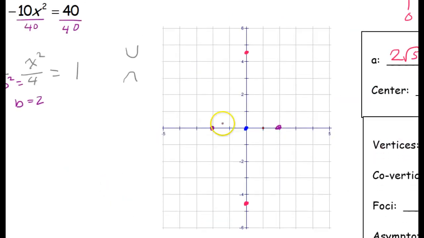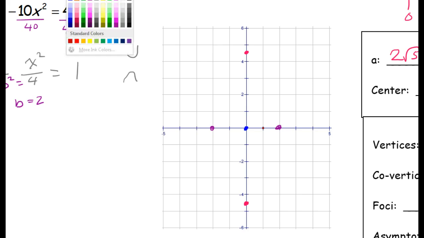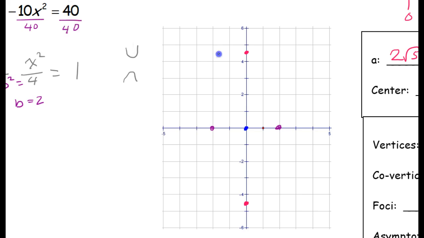Let's go ahead and draw the asymptotes. To find the asymptotes, we need to draw the rectangle that contains the vertices and co-vertices. So draw yourself a rectangle using dotted lines. Draw a rectangle containing the vertices and the co-vertices.